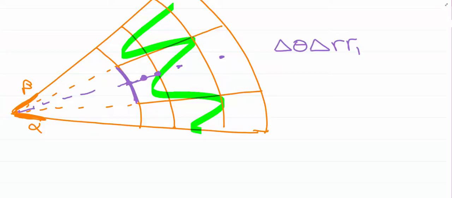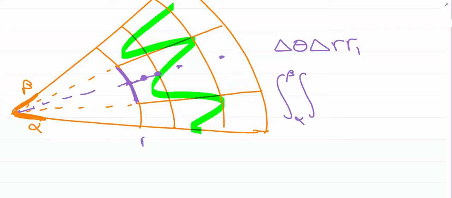Now, I could do this same thing. Notice, theta is fixed, and let's just cut to the chase here. Theta is fixed, and it's going to go from alpha to beta, right? I've already called those R1 and R2.